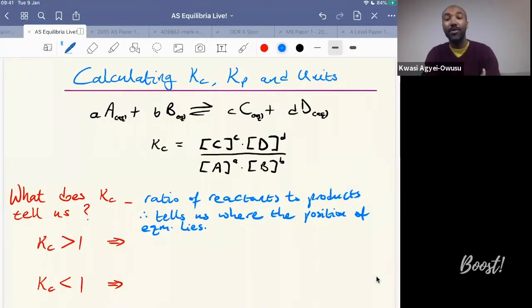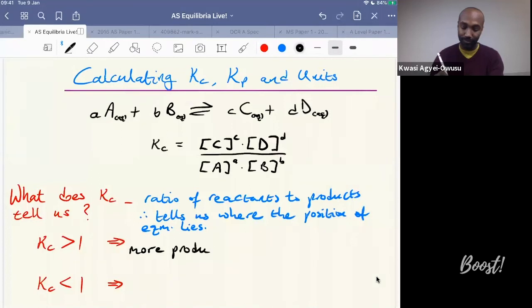Okay, so if you've got the equilibrium very much towards the product side, in other words, there are a lot more products present at equilibrium than there are reactants, then you would expect a Kc value that is greater than 1. So where Kc is greater than 1, you've got more products than reactants.